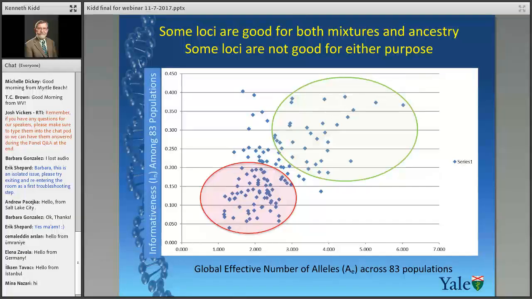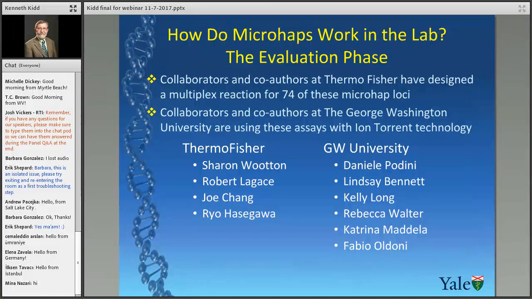And here, for the 130 microhaplotypes in our paper earlier this year, one doesn't know how good a locus will be until one evaluates it, and there are some that are very good by both criteria, and there are some that are really not very good by both criteria and will not be followed up on.